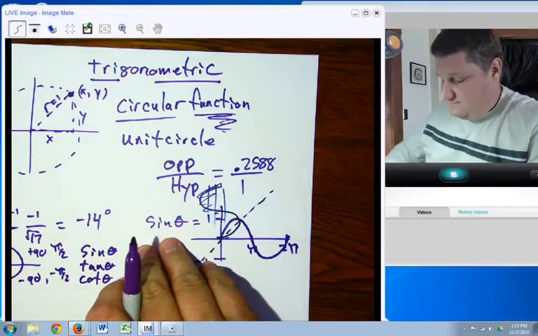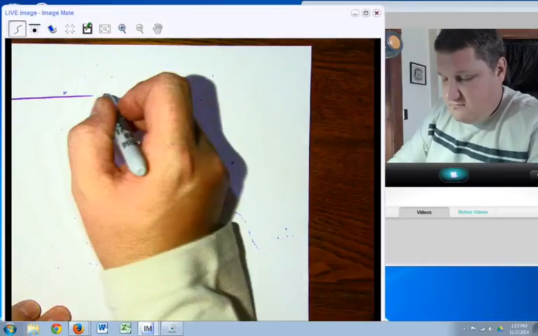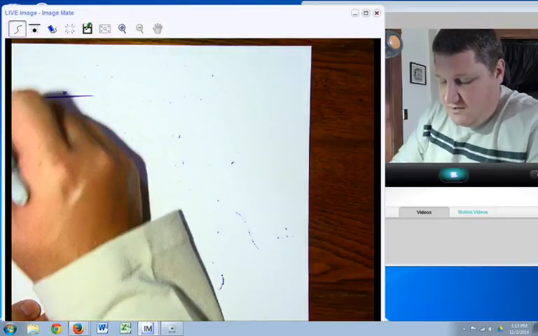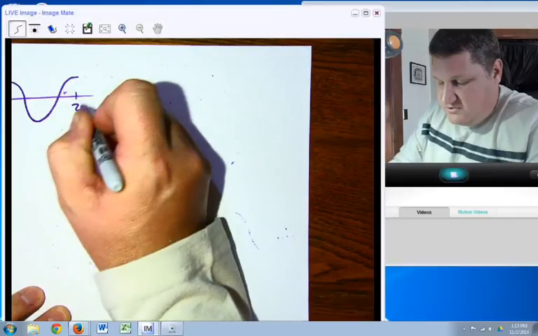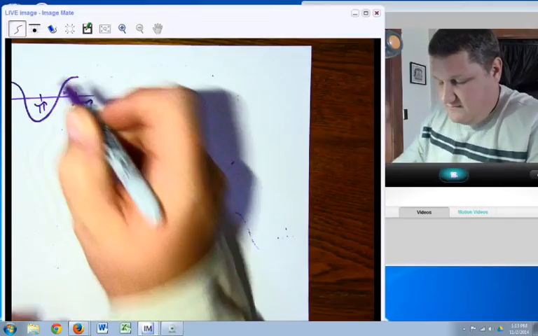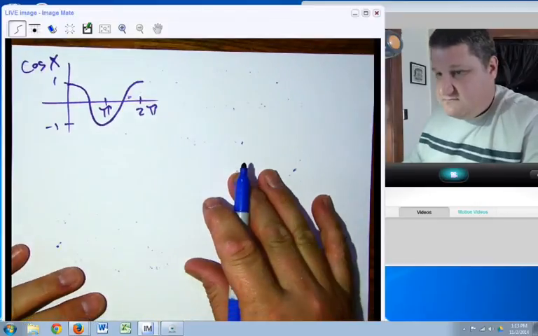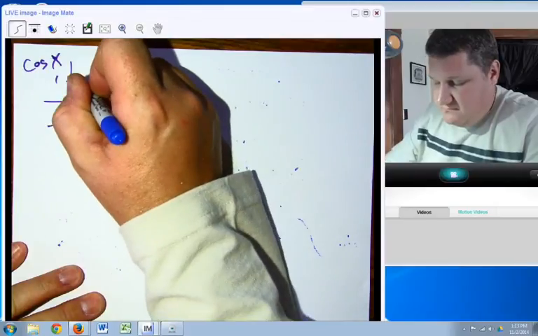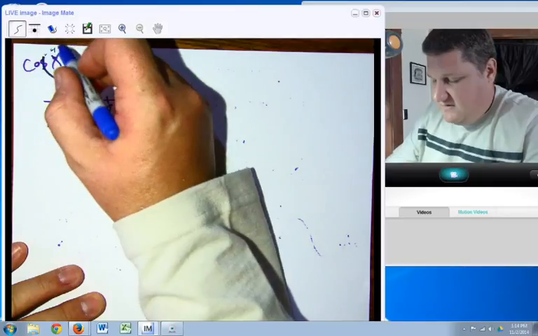Now, if you had cosine of x, 1, -1, it's drawn like this. And if I try to find the inverse of that, that's going to look like the following. And I can't keep going because then it's not a function up here.